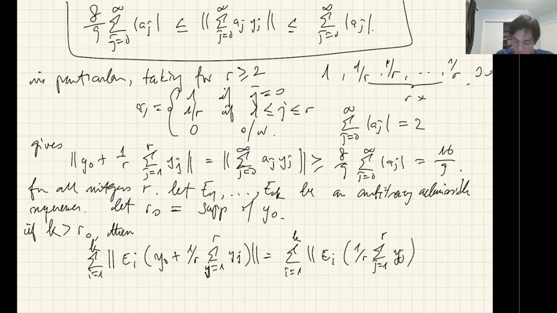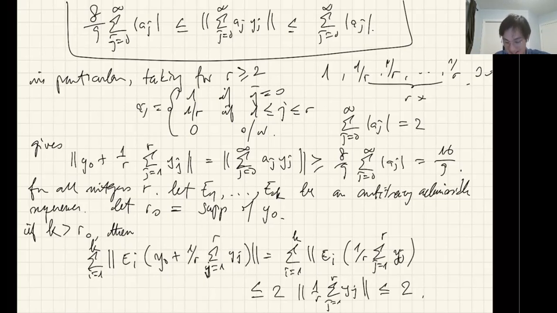Okay, but now we're going to use the fact that for any admissible sequence, the admissible sum is no more than 2 times the norm of 1 over r times the sum of yj, j equals 1 to r, of the vector itself, and this is less than 2. Okay, because it's less than the sum of all the L1 norm. The L1 norm is, well, I hope it's 2.